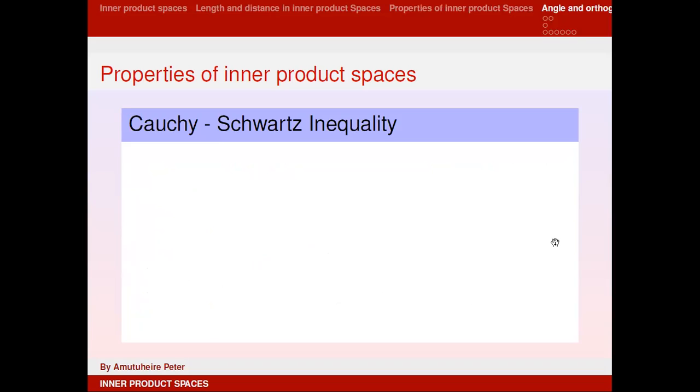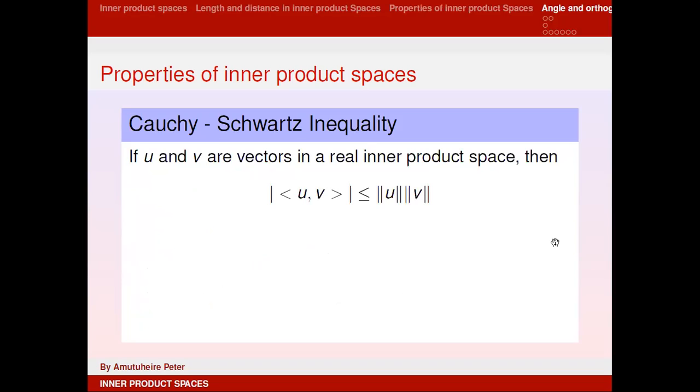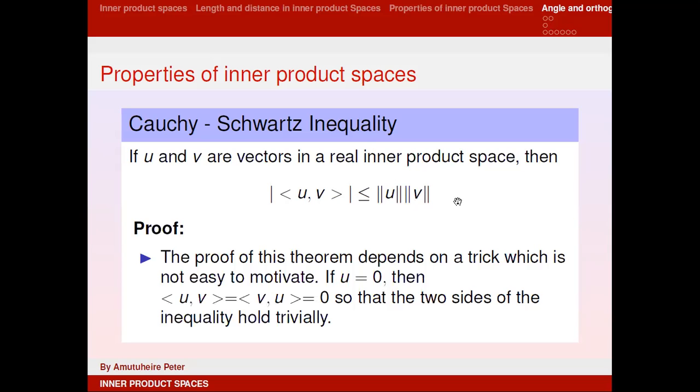We have an inequality that we call the Cauchy-Schwarz inequality. It is another property: if we have two vectors u and v in the inner product space, then the magnitude of their inner product is less than or equal to the norm of u times the norm of v.